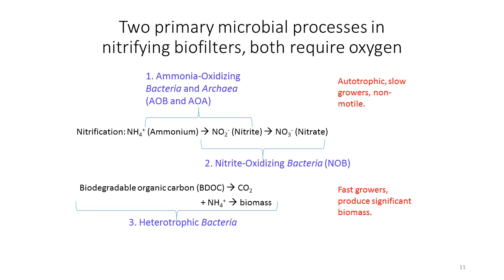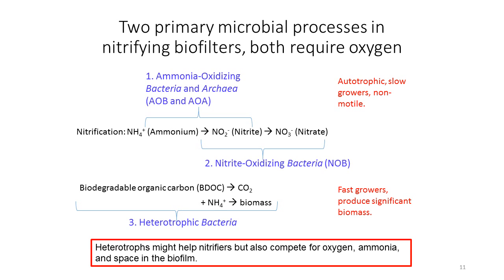In contrast to the nitrifiers, these organisms are fast growers, and they produce really significant amounts of biomass. So you can imagine this can create a really good partnership, the nitrifiers and heterotrophs. But there's also a problem: the heterotrophs compete with the nitrifiers for oxygen, ammonia, and space in the biofilm.